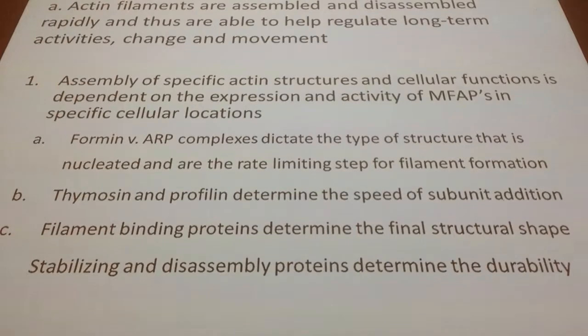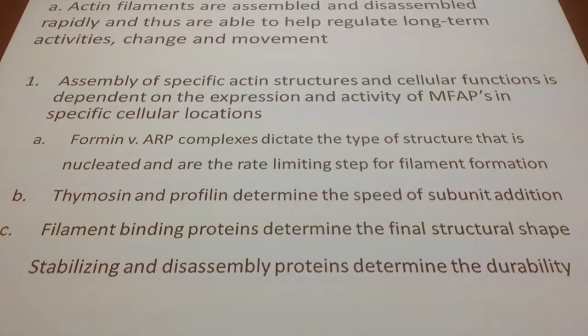Because again, assembly and disassembly are the overall process. Polymerization, depolymerization, and severing are the mechanisms that have to be performed.